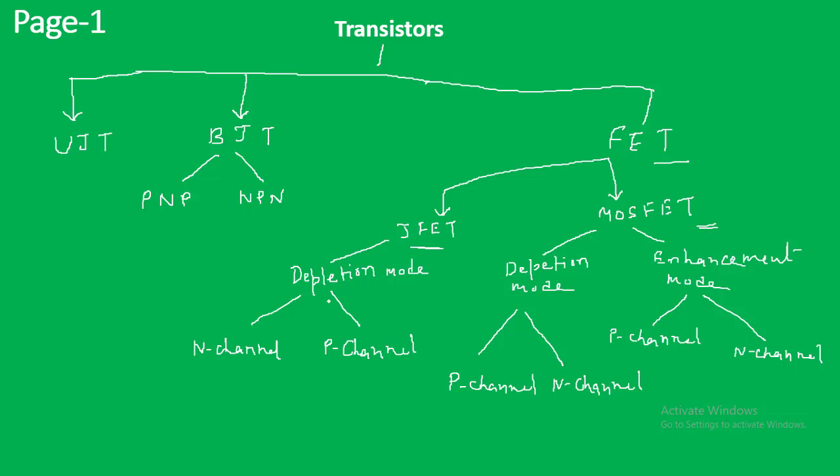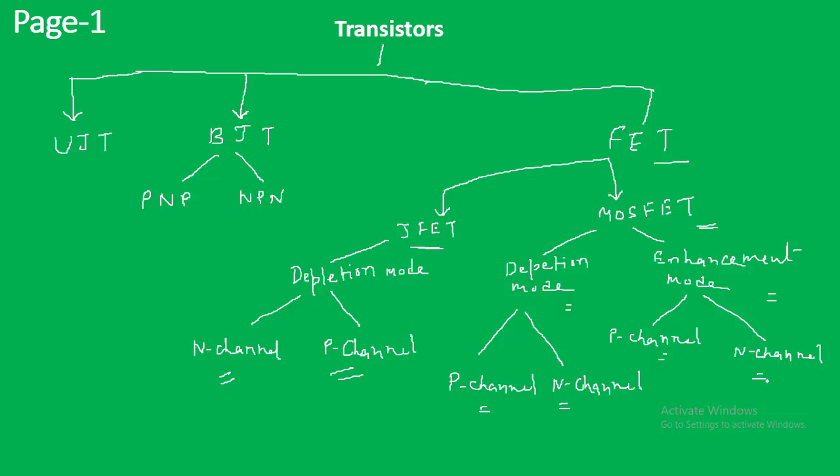JFET has depletion mode, and there we have two more types: N channel and P channel. In MOSFET we have two different types: depletion mode and enhancement mode. In both types we again have two types, P channel and N channel.